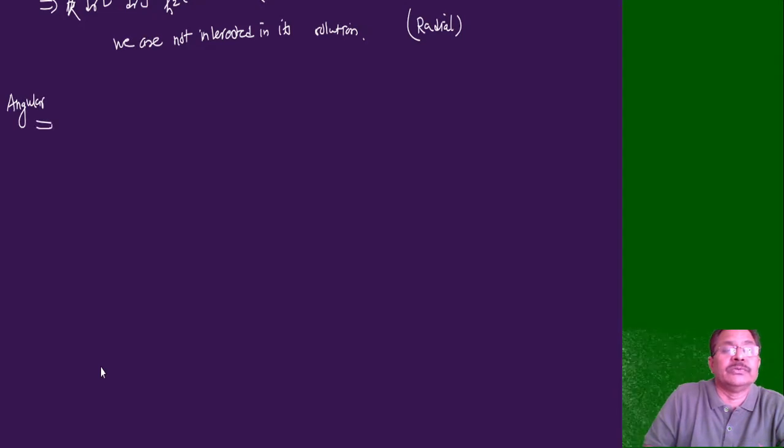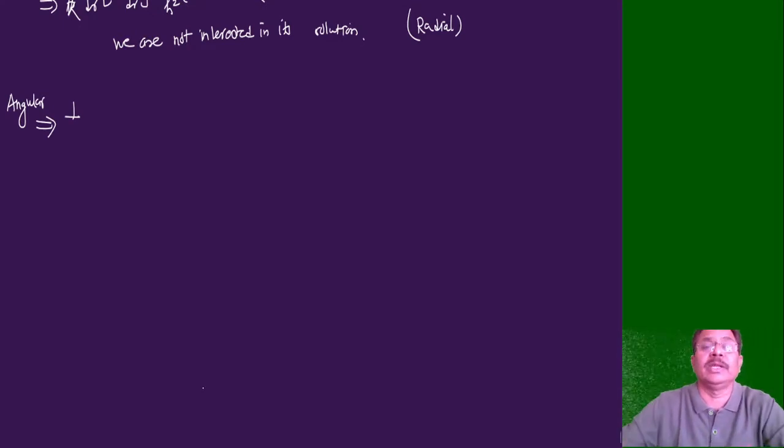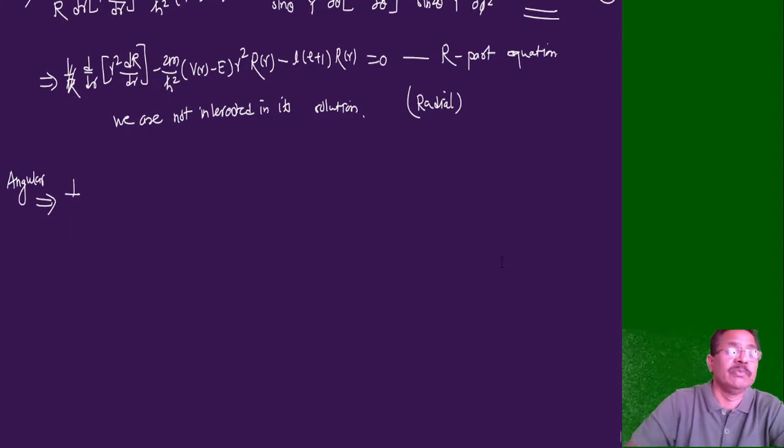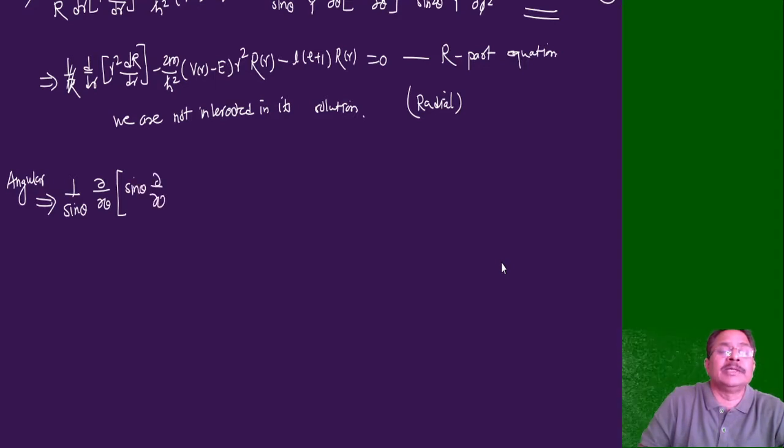The angular equation gives you this format. In the above equation this term is negative, and this will be positive. Taking all this here, it will also become negative, and the negatives will cancel, and we get an entire positive equation as follows: 1 upon sine theta into del upon del theta in the bracket, sine theta multiplied by del upon del theta of capital Y of theta phi.